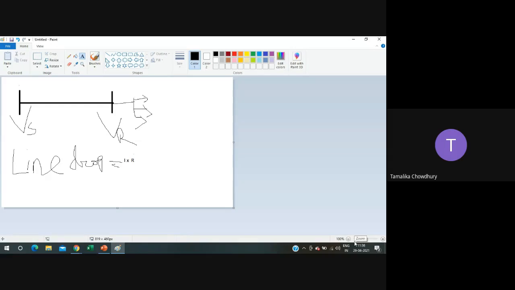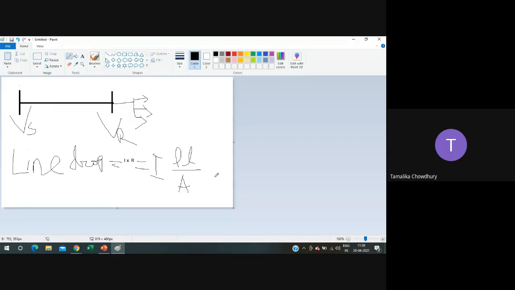Is it visible to you all? If I into R is the line drop, then substituting the value of R as rho L by A, I into rho L by A equals the line drop.